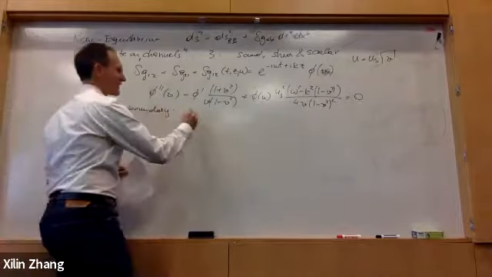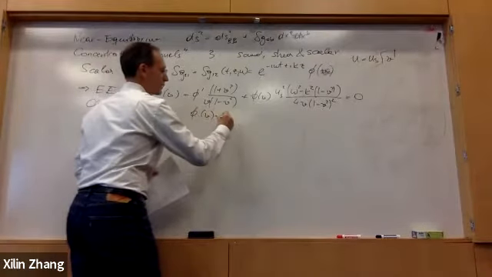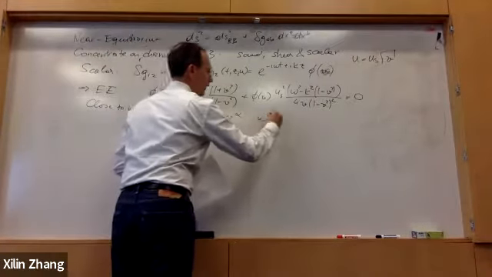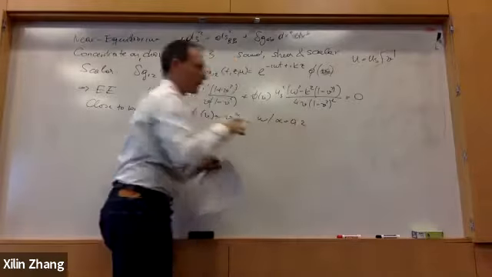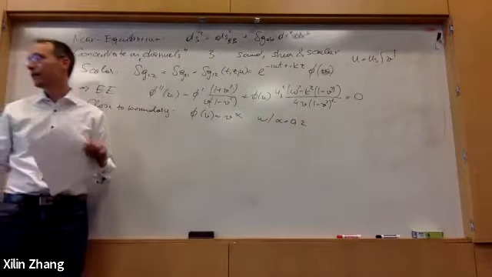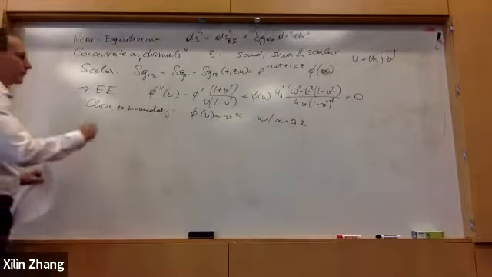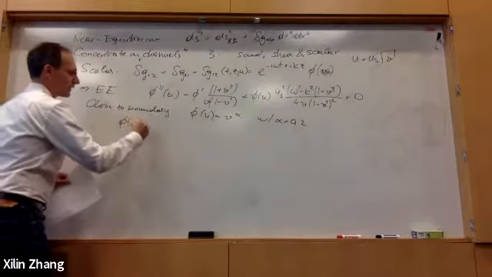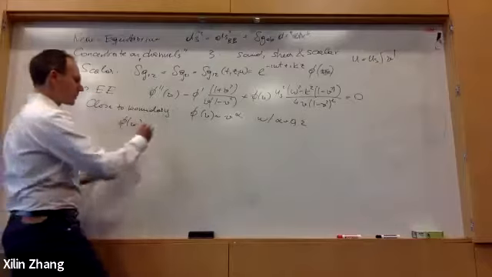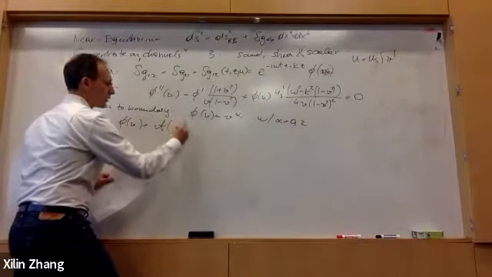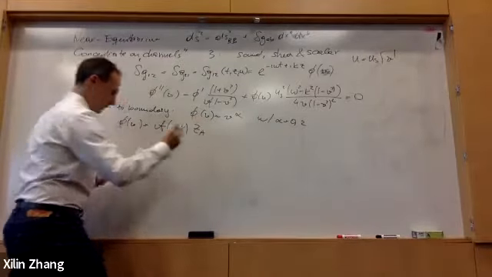This means that phi of v goes like v to the alpha, with alpha being 0 or 2, so you have two branches of solutions. The way you implement this is to say that phi of v can be written as a superposition of these two, with coefficient functions a and b.